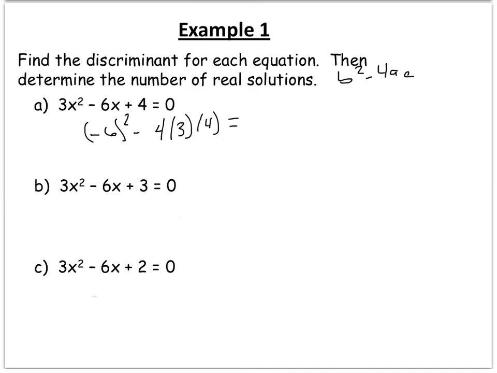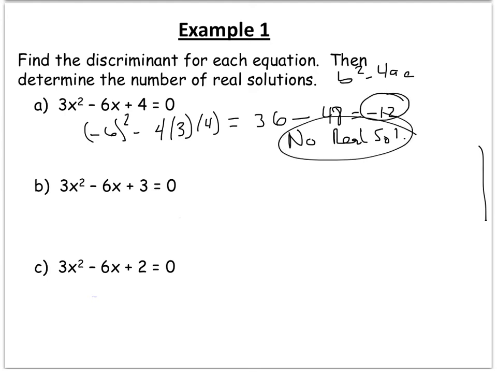So that's going to equal 36, and then we have 16 times 3. And 16 times 3 is 48. So that gives me negative 12. So there are no real solutions. Okay? So that's the discriminant, no real solutions.